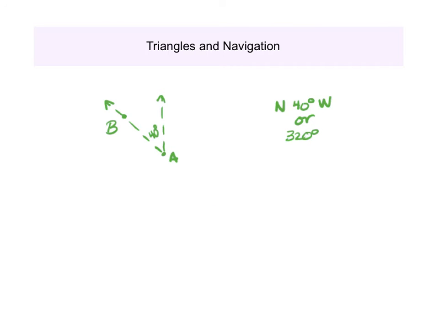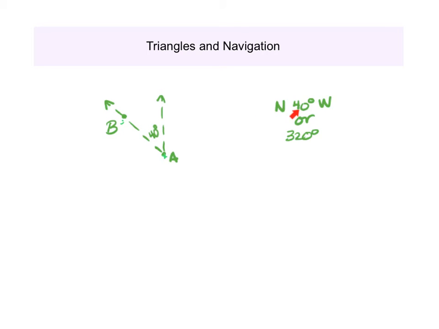Draw this in your notes. Now I've moved B over to the left-hand side, and I want to state the bearing from A to B in two different ways. I'm measuring from A, standing at A, and looking towards B. So my bearing here is measuring from the north, 40 degrees to the west.